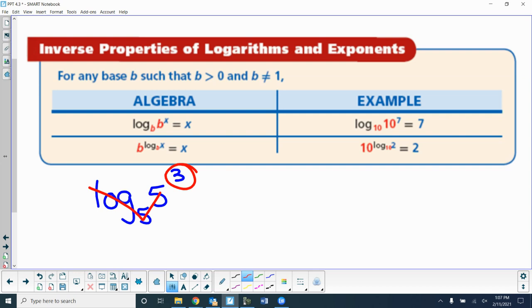Sometimes you see this weird looking one: 5 to the log base 5 of, maybe, x plus 3, let's say. What do the 5 and the log base 5 do to each other? They cancel each other out. Same thing.